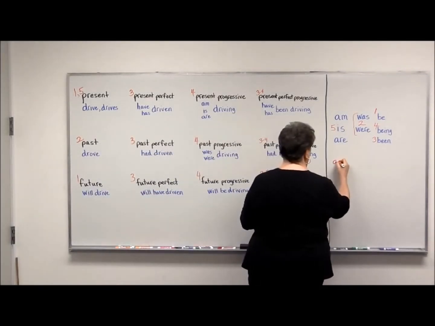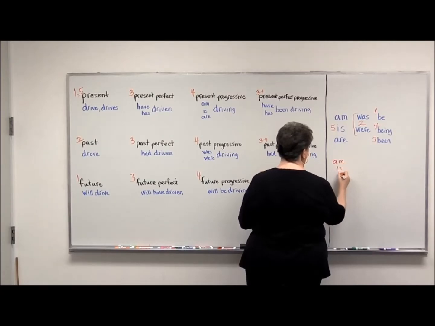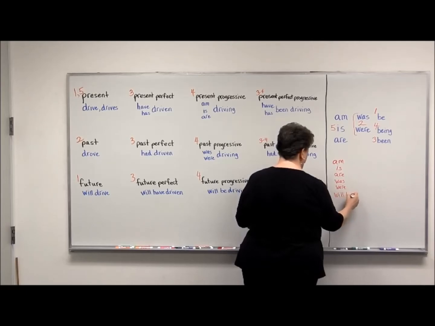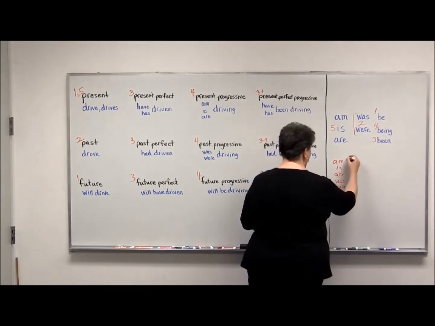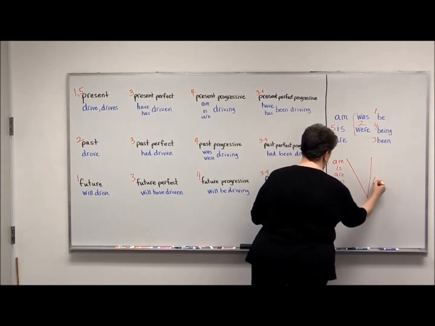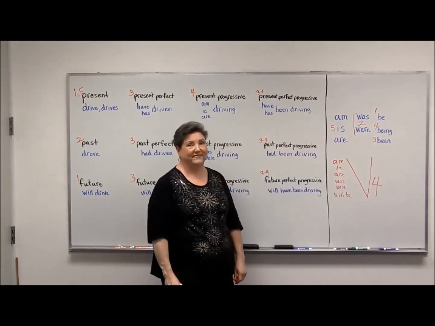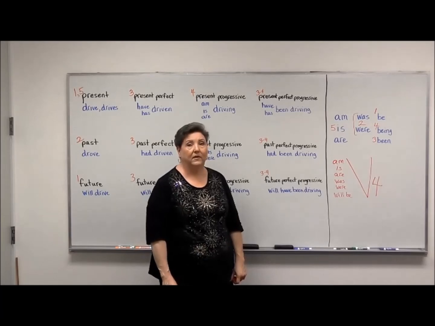Write that down. Am, is, are, was, were, or will be. What's the next word? Verb 4. Every time.